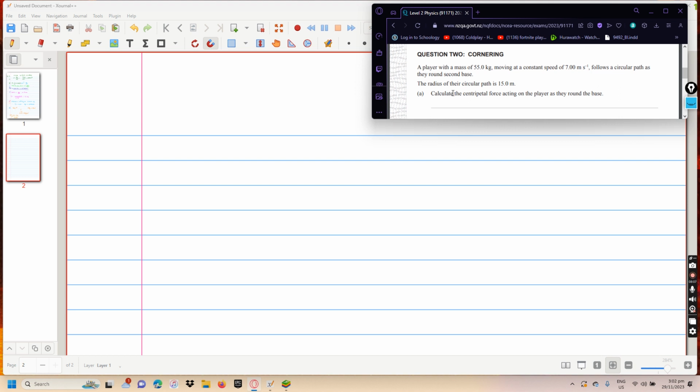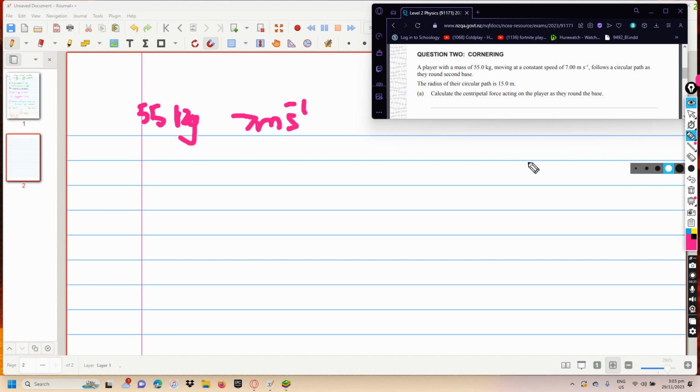Cornering, calculate. A player with mass. Okay. Do it on this one again. So we got 55 kilograms, 7 meters per second, 15 meter radius.